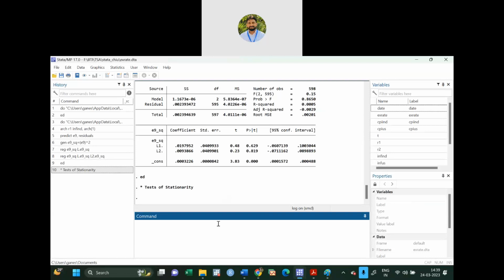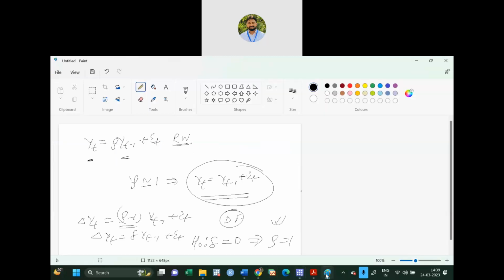So today we are not going to look at the different varieties of unit root tests, but you know what? When you talk about the unit root test, you shouldn't just be satisfied with Dickey-Fuller, right? Augmented Dickey-Fuller. You should also work out with Phillips-Perron. You should also work out with KPSS.